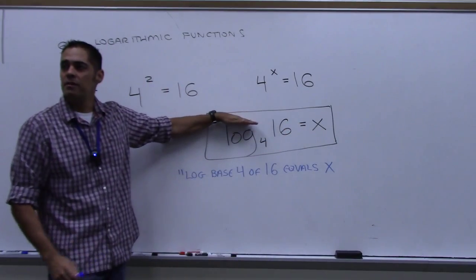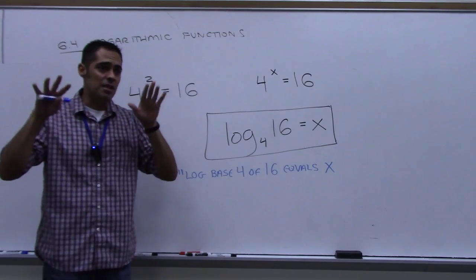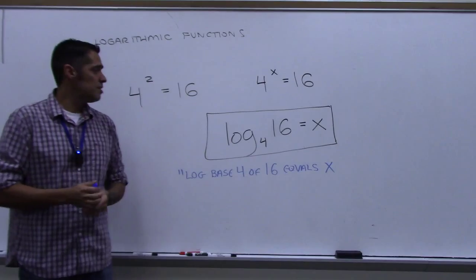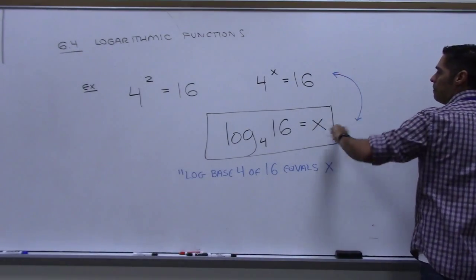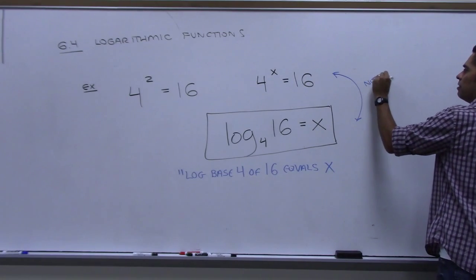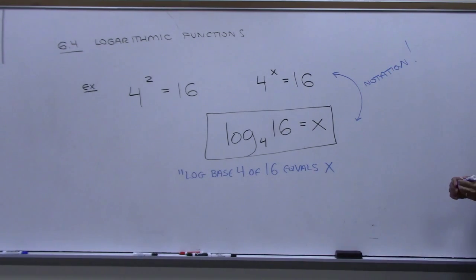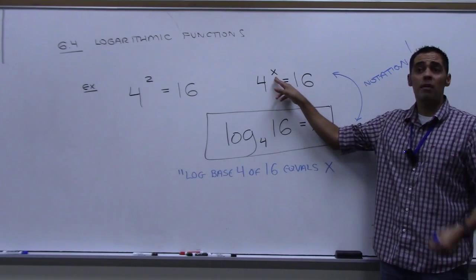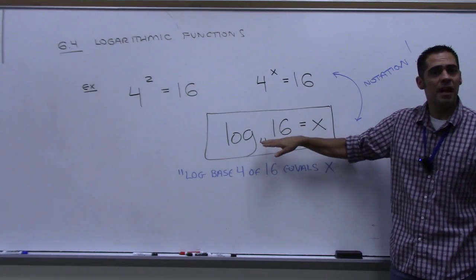This equation and this equation are equivalent. They're the same. They're asking you for the same thing. It's just a different way of writing it. All right? So this is purely from here to here and back and forth. This is purely notation. That's all it is. If I want to ask you to tell me what power I raise 4 to in order to get 16, this is the same exact question.